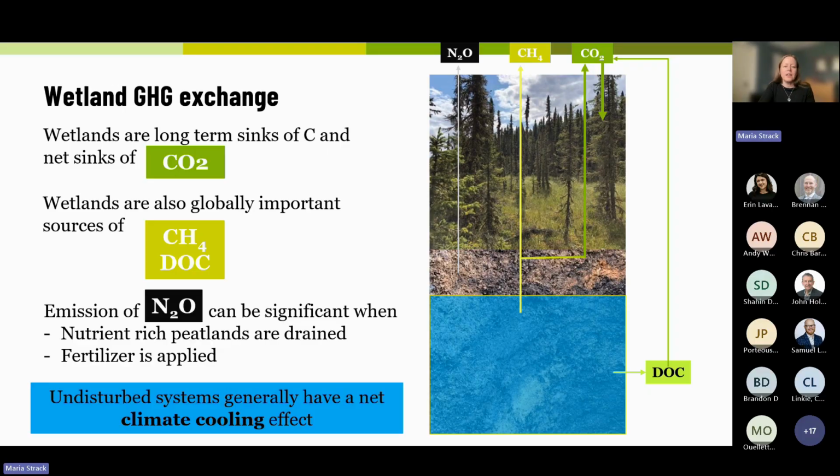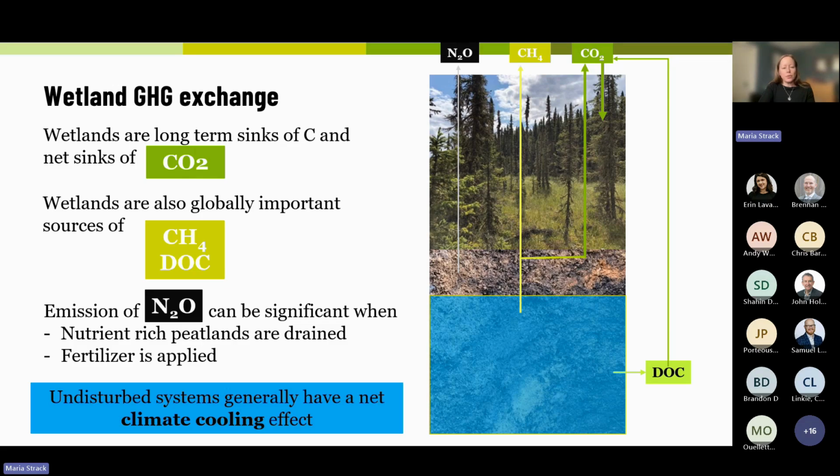But that wet soil that slows decomposition has very low oxygen and leads to other processes that can produce small molecules that move around with the water called DOC, which has impacts for downstream ecosystems, but largely contributes to carbon dioxide losses. Wetlands are also globally important sources of both methane and dissolved organic carbon.